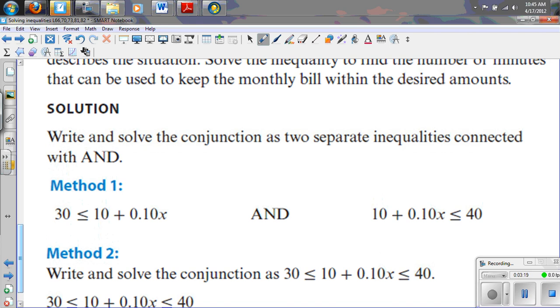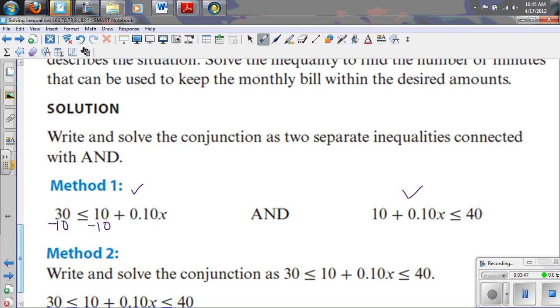So we know that this money amount with the $10 plus 10 cents a minute needs to be greater than or equal to $30. So that's the first equation. And then the second equation is where it's less than or equal to $40. And so we could solve those two equations and find the two answers to this and then graph them. So let's do that. We would subtract 10 from both sides.